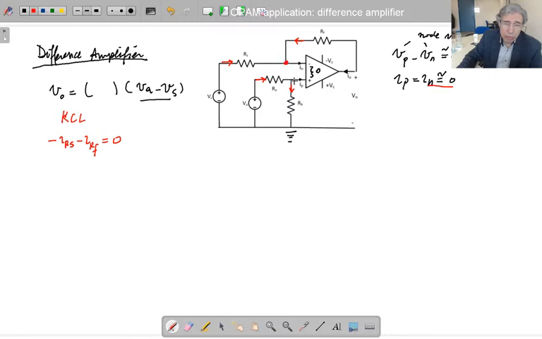So this node voltage is the same as this node voltage. Let me mark it in green here. So I need to calculate this node voltage. How am I going to calculate it? If I consider this Ip is equal to 0, that means that current is equal to 0.